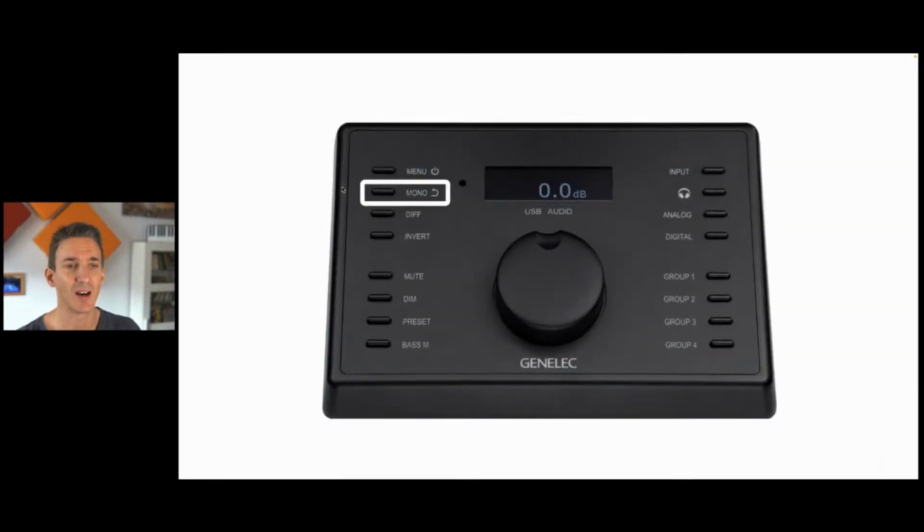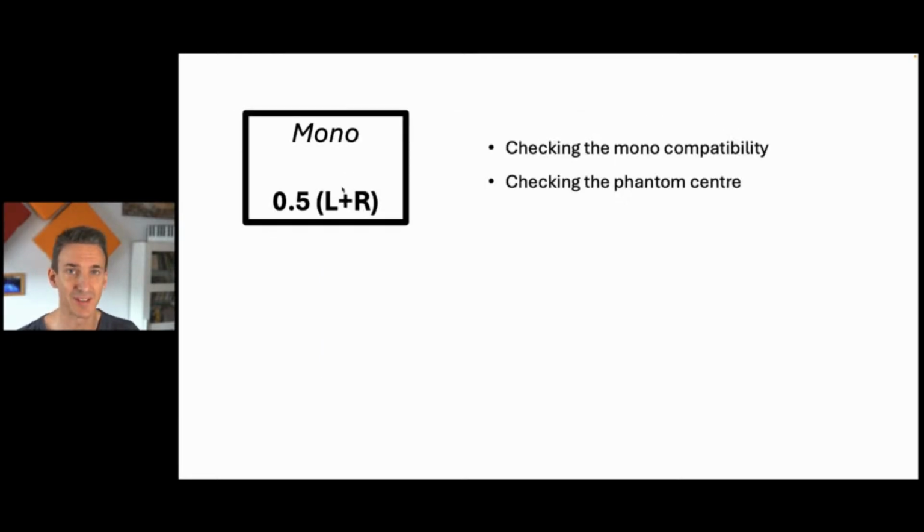Speaking about the headphones output, I think it makes sense to have a look at these nice 3 functions we have available as monitor controller functions. So you can switch to mono, which of course I think is pretty clear. So you will hear a mono sum of left and right, and of course the level is adjusted so that it's the same level and loudness you had before with the stereo signal.